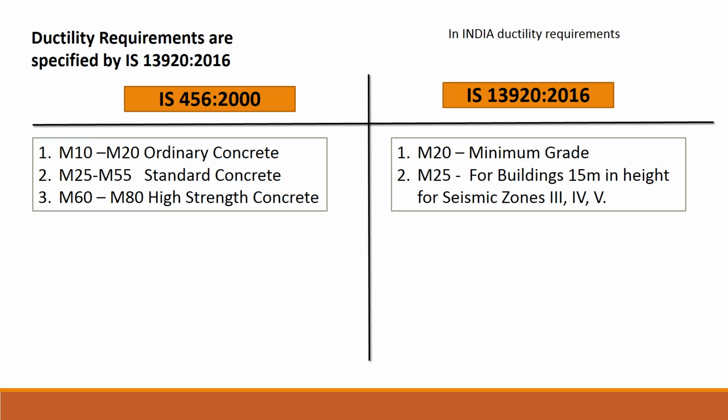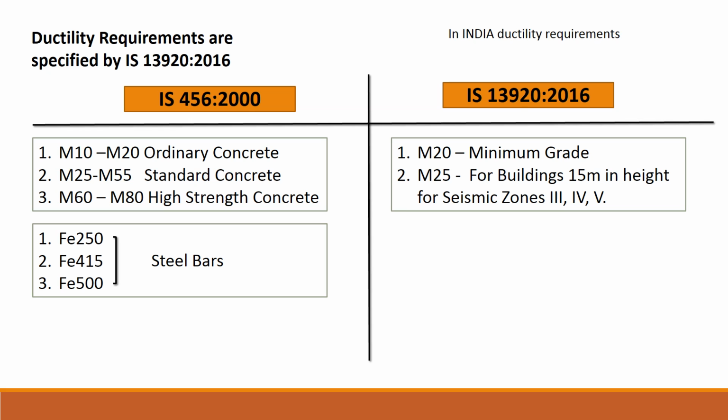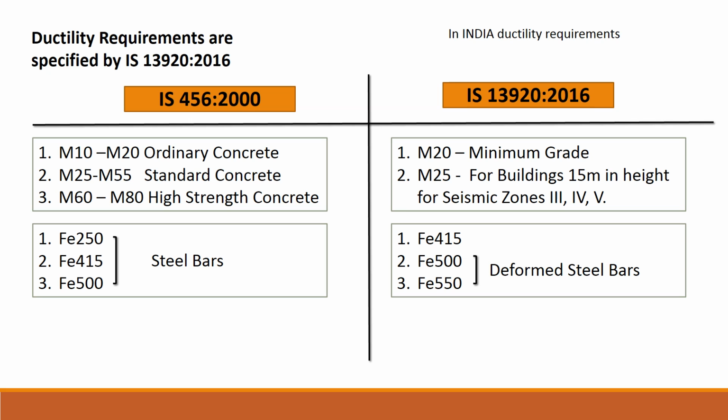Next come the requirements of steel bars. In IS 456 you must recall that Fe250, which is the mild steel, and Fe415 and Fe500, which are the higher grade steels, are to be used. In IS 13920, Fe415, Fe500 and Fe550, where Fe500 and Fe550 are deformed bars, are to be used for the ductility requirements of structures.